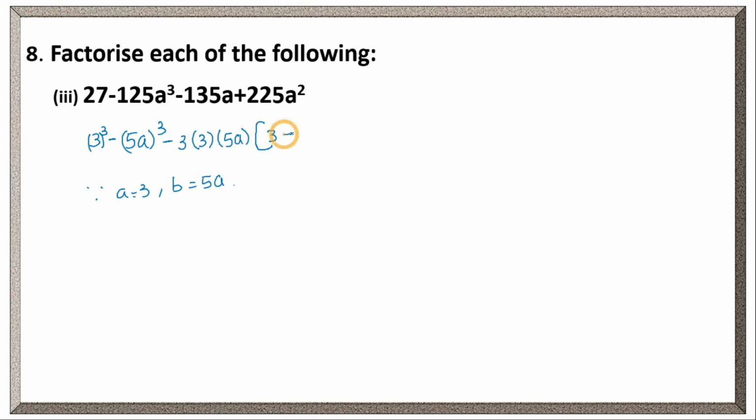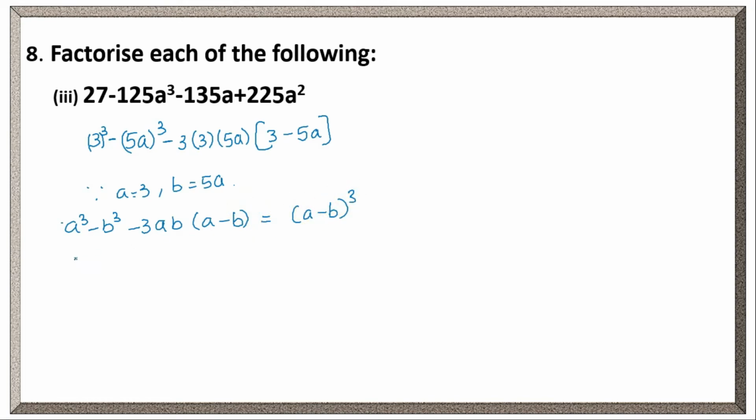Minus I have taken common, right? So minus will remain. 45 I have taken common. That means 5, 1a already I have taken common. a will remain. Clear? Now, which is in the form of a cube minus b cube minus 3ab into (a minus b), which is equal to (a minus b) whole cube.